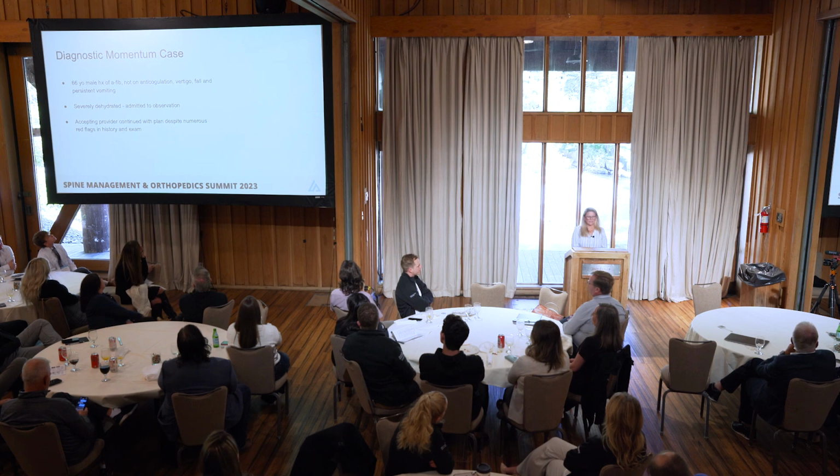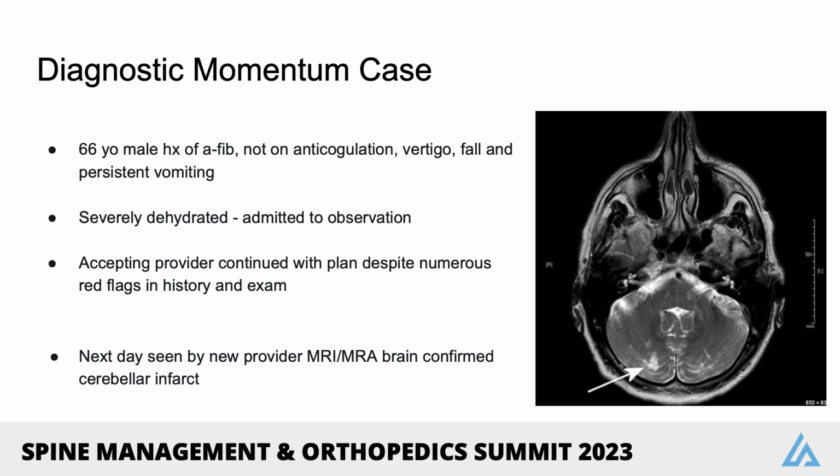In this case, a 66-year-old male with a history of atrial fibrillation, not on anticoagulation, presented to the emergency room with multiple falls that day, vertigo, and persistent vomiting. While in the emergency room, workup revealed a normal head CT, but the patient was severely dehydrated and admitted to the observation unit.